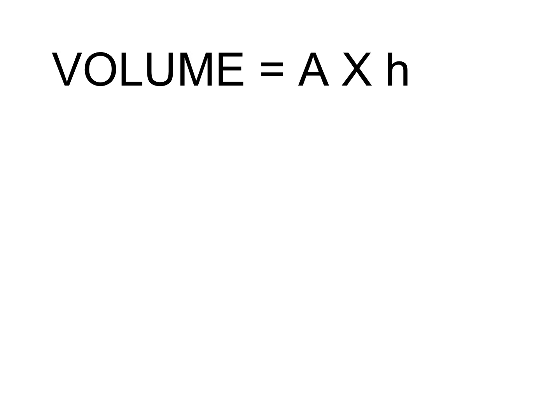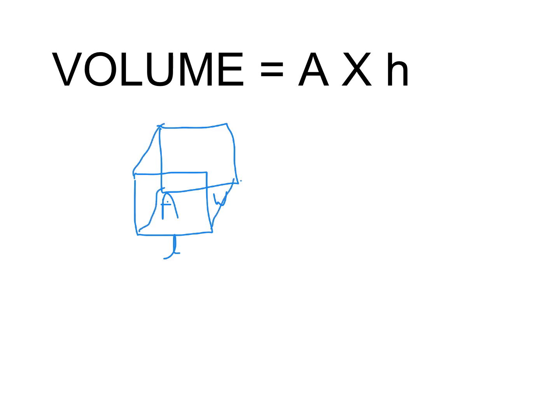And remember that volume really doesn't even need its own formula either, because if we start with the area of the base, let's look at a rectangular base prism. If we know the area of this two-dimensional shape, which is just length times width, we did that in our last lesson, then if we make this into 3 dimensions, the only thing we've done is add a height to our figure.